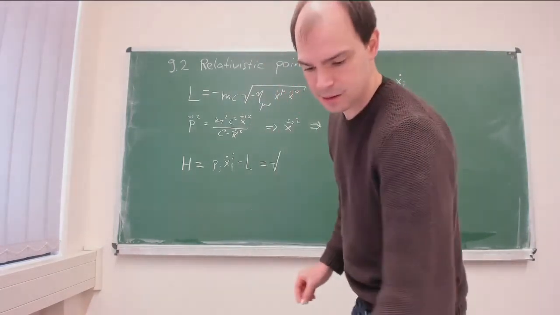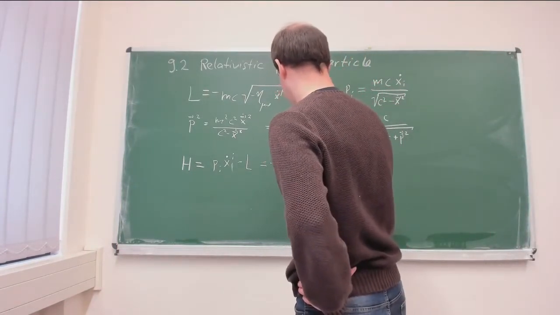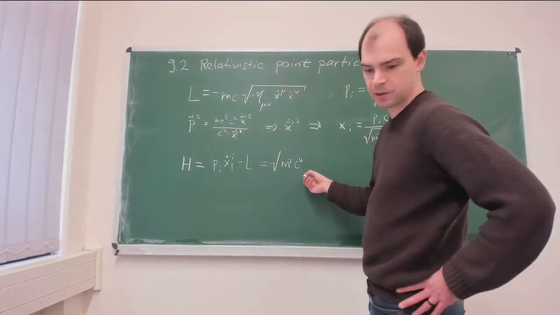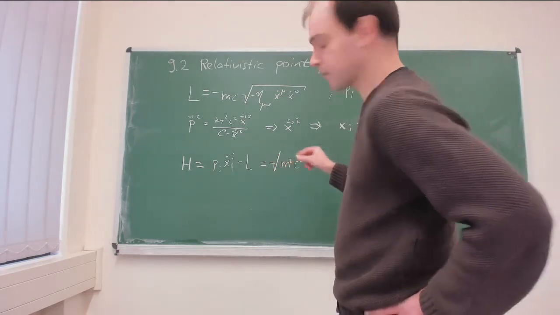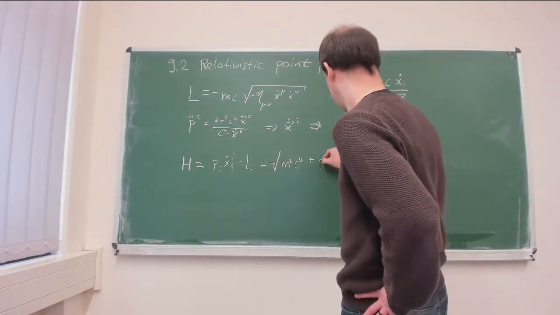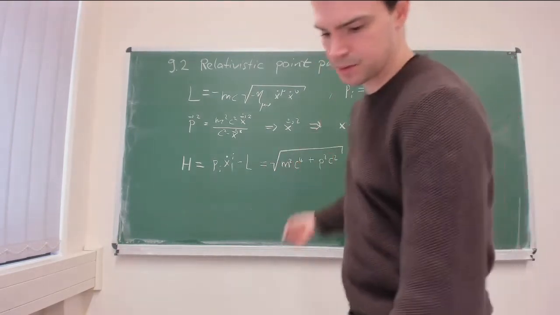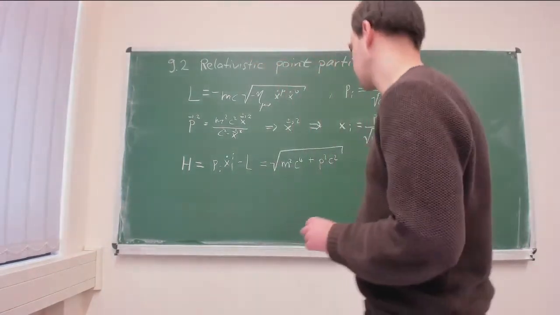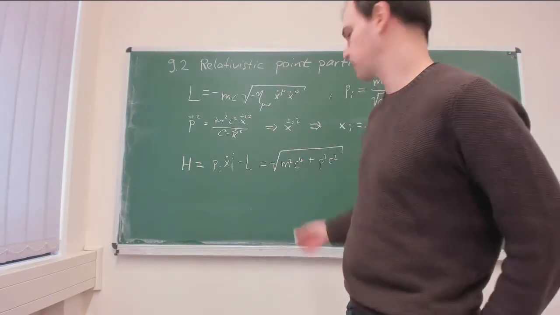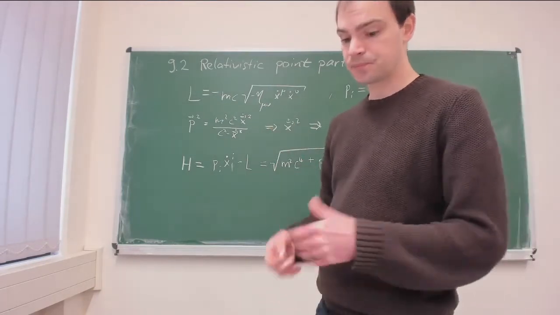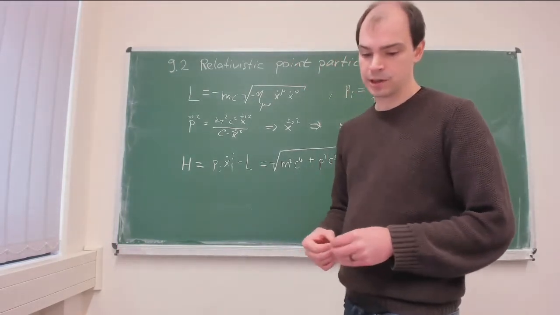Again, unsurprisingly, you find the relativistic energy expression: the square root of m squared c to the 4th plus p squared c squared. So this is all fun and rather unsurprising, because we're just doing classical mechanics here. So the expected outcome is that we find the Hamiltonian for the relativistic energy expression.